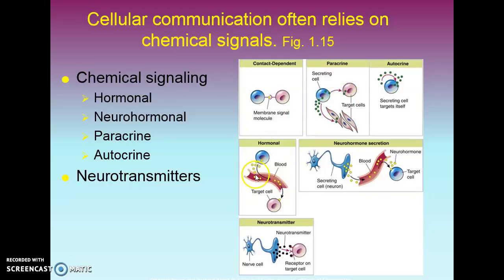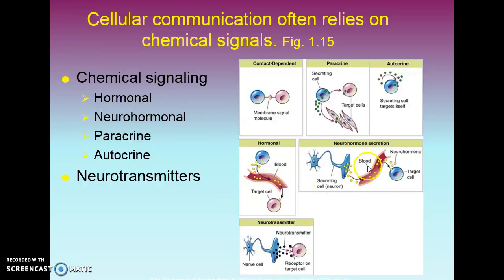And then by definition, moving on to this next box here, a hormone must enter the blood to move to the target cell. So you have this secreting cell here. The molecule gets into the blood, moves to the target cell. Now we start to combine some of the different types of signaling. Here you have a neurohormone secretion, where the secreting cell is a neuron.